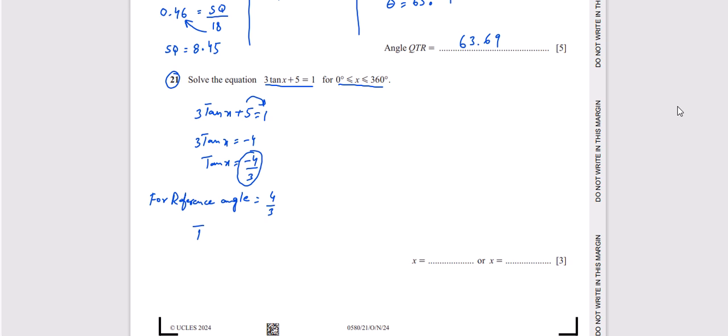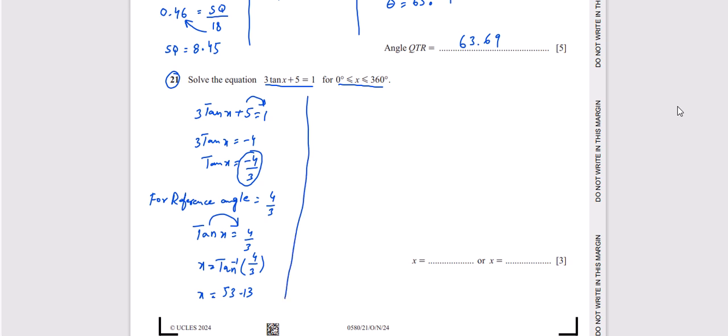So write tan x is equal to 4 by 3. Now find the values of x. So tan shifts to this side, x is equal to tan inverse 4 by 3. Use calculator to find this value. This is equal to 53.13.